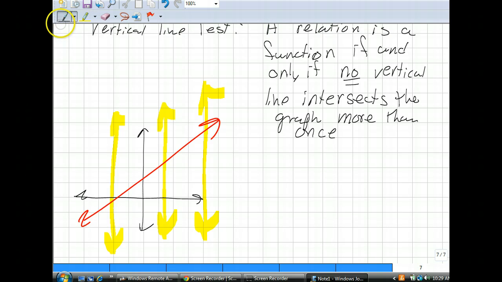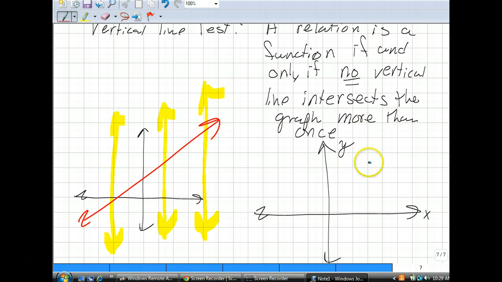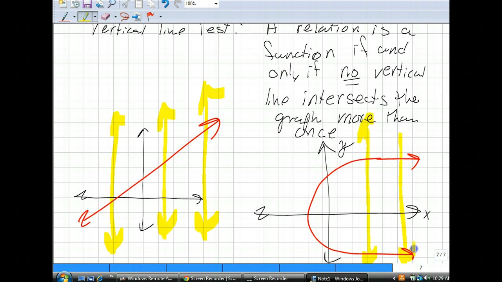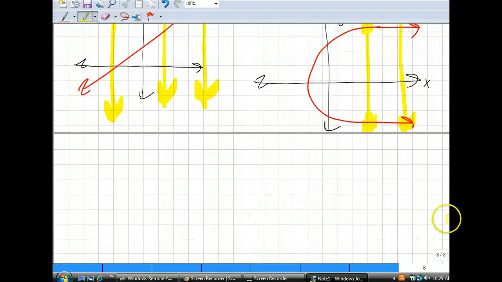Okay? But let's say I have this graph. Here's my x, here's my y. And let's say I have some graph that looks like this. Does that graph represent a function? No, it definitely does not, because if I put a vertical line here, it goes through the graph in more than one point, so it fails the vertical line test, so therefore it is not a function.